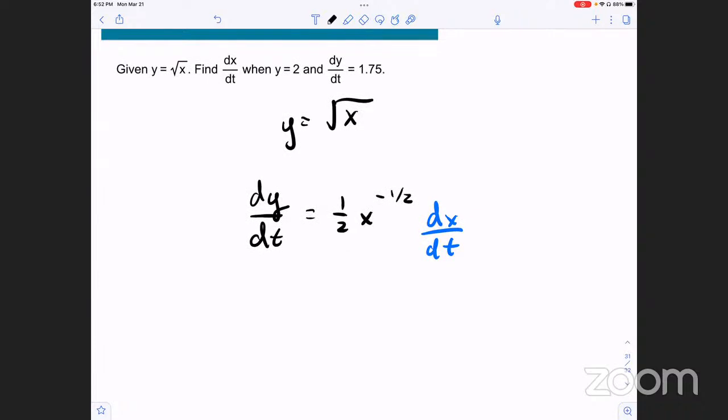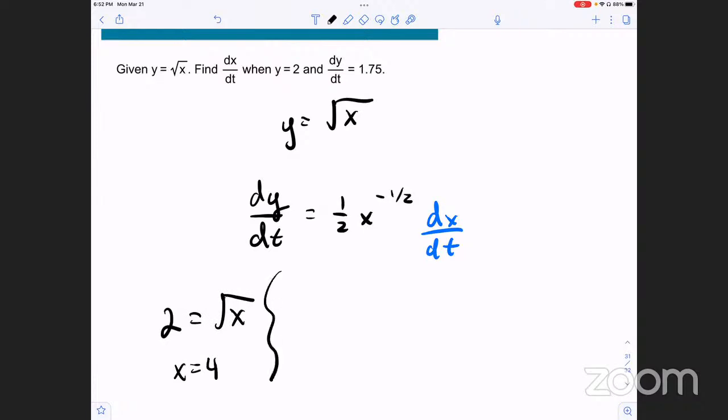They give us y equals 2, so let's see if we can solve for x. So 2 equals the square root of x. Square both sides: x equals 4, right? Okay, let's see if that works.